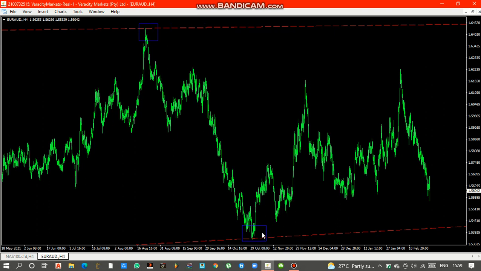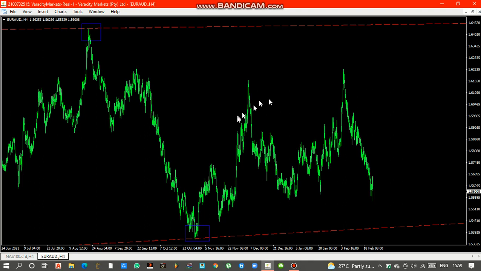So now what we already know is that the market has to move from the support trend line to the resistance trend line, but it's not always the case that it will move from this point to this point without having the retracements and the rejections of the market.